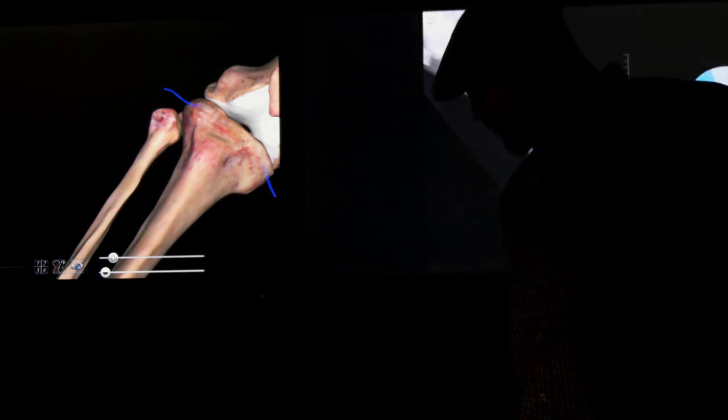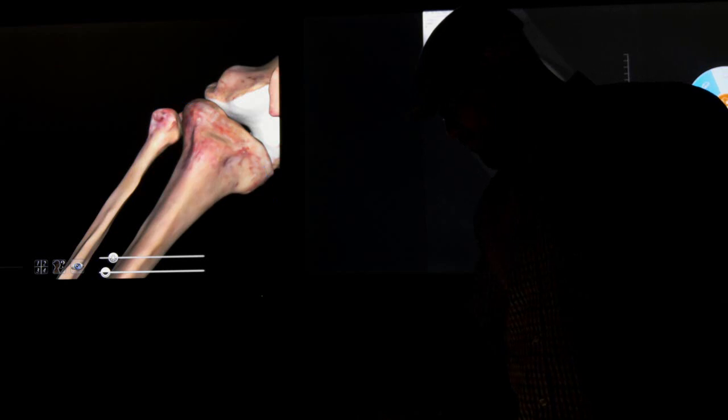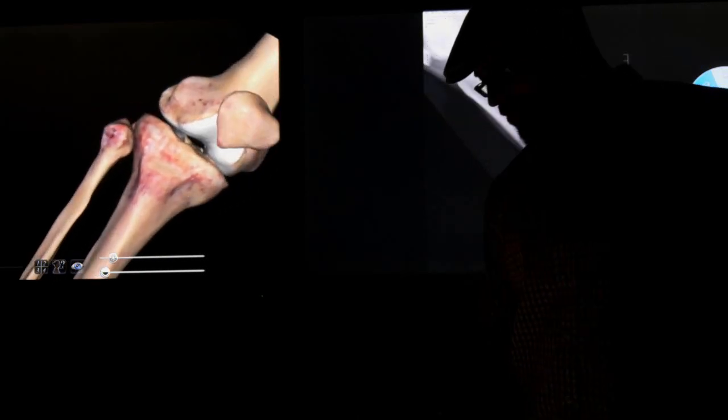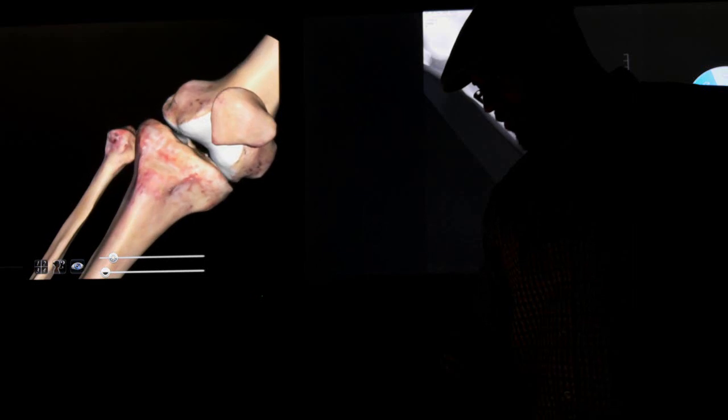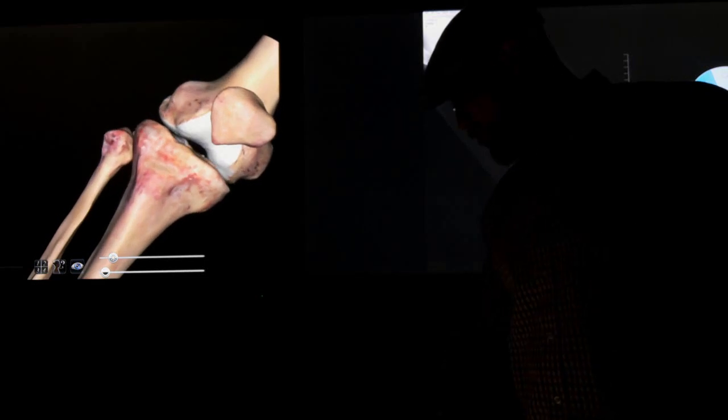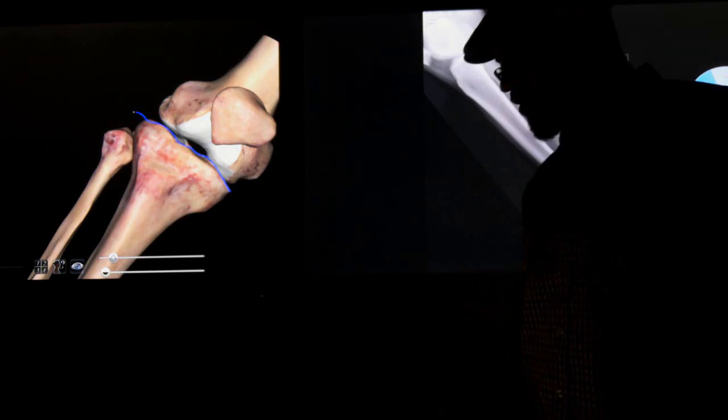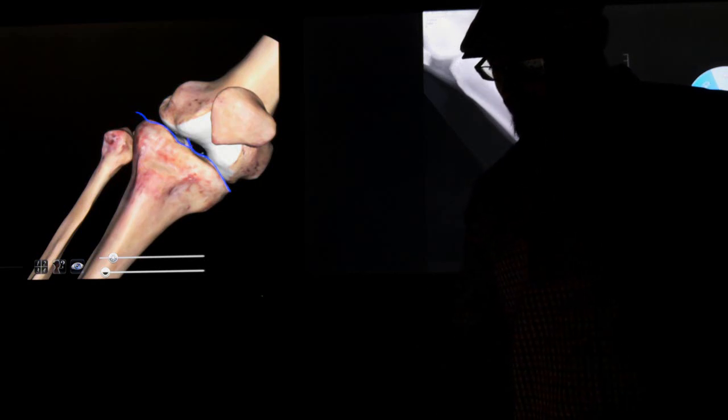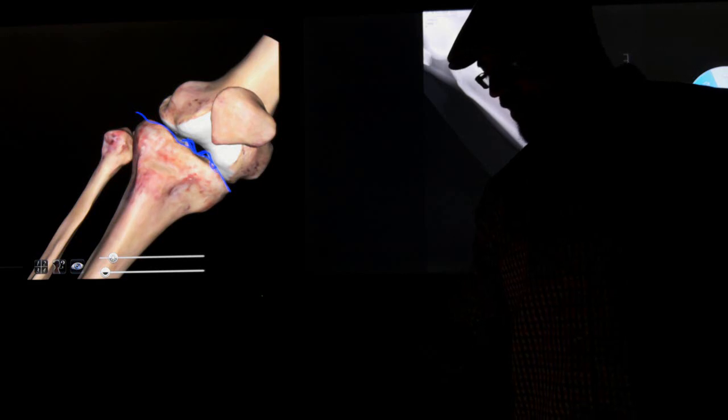These are tibial condyles. This is your tibial plateau right here. It's just the tibial plateau. And the eminences are not very prominent here, but those are your intercondylar eminences right there.